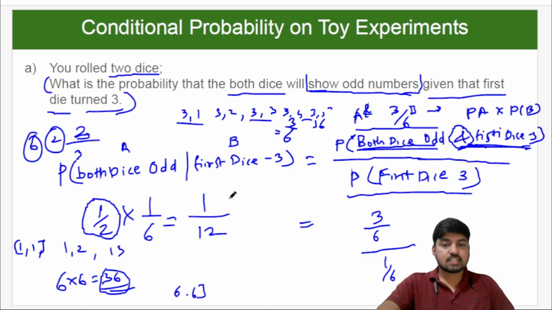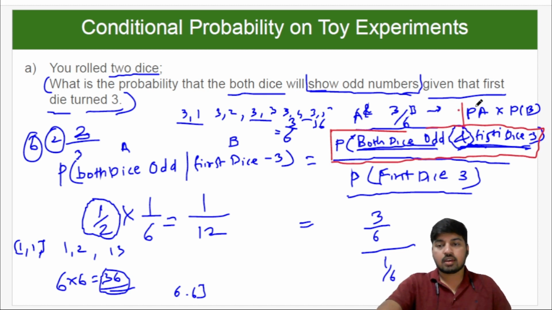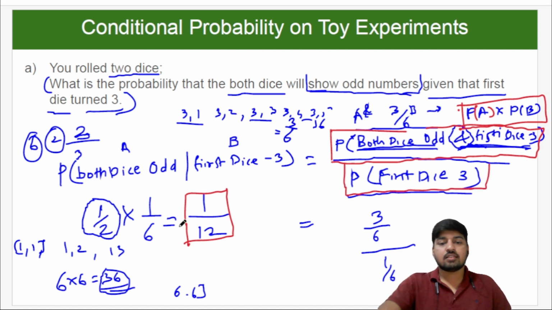Okay, so this is my first event. I will just change my color so that you will understand. My first event, that both dice are odd and first dice is 3, I have calculated using the formula P(A) times P(B), and it is coming to 1 by 12. Now what is the probability of my second event? The probability of the dice showing 3 is 1 divided by 6.